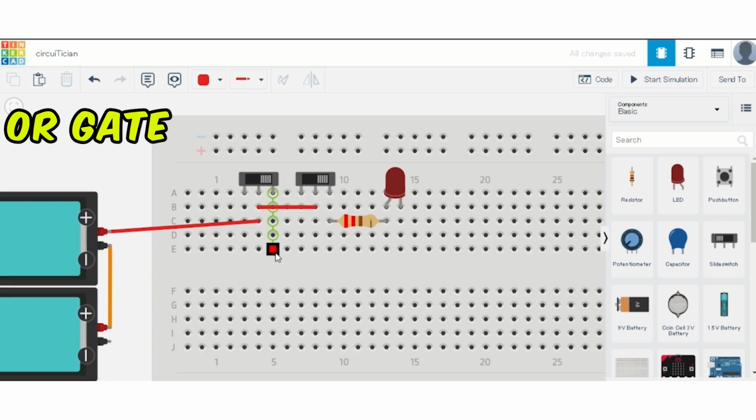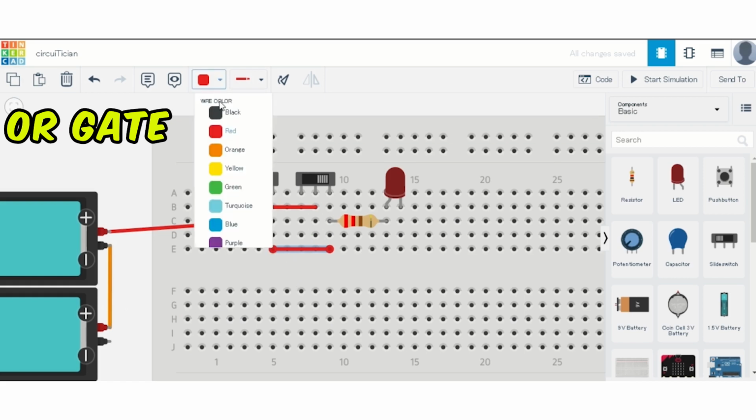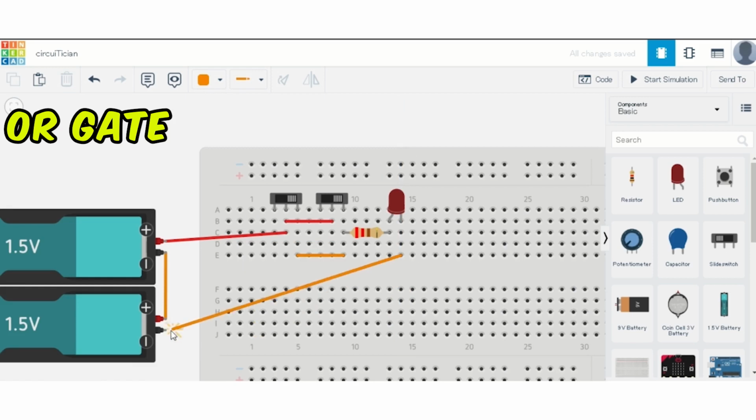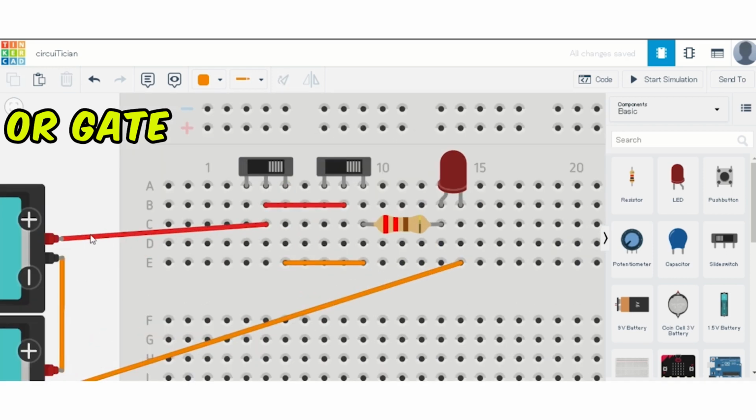Now we will connect the second point of both the switches together. And from that point we will connect a 220 ohm resistor, and the other end of the 220 ohm resistor is connected to the LED, and the LED cathode is connected to the negative of the power supply. So our circuit is complete.